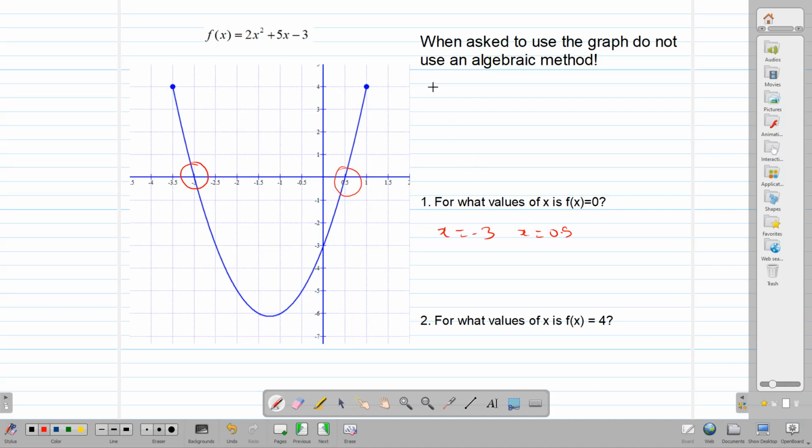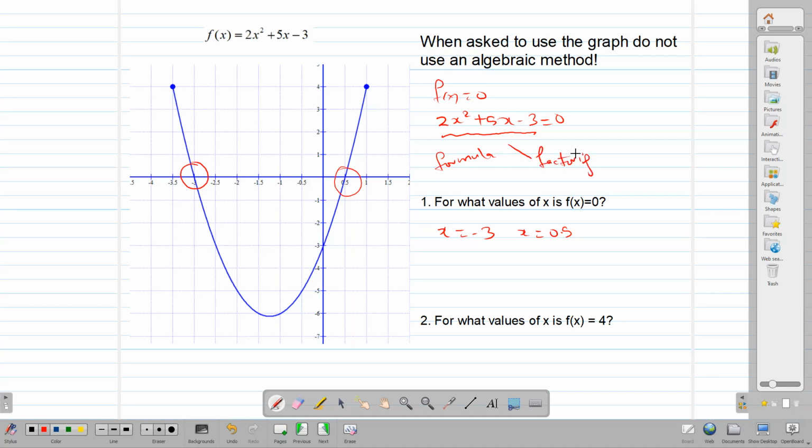Now, sometimes instead of saying f of x equals 0, the question may be written as, what are the values of x for which 2x squared plus 5x minus 3 equals 0? And the student looking at this question sees a quadratic equation and immediately goes to use the formula or factoring if it can be factored.